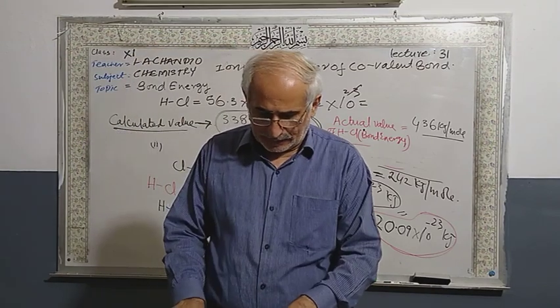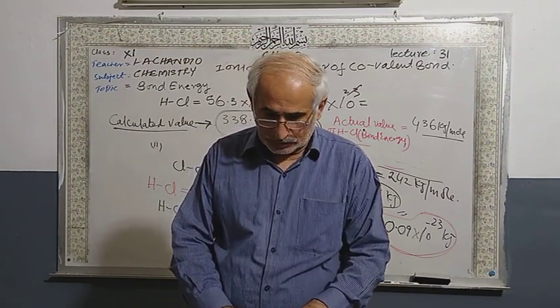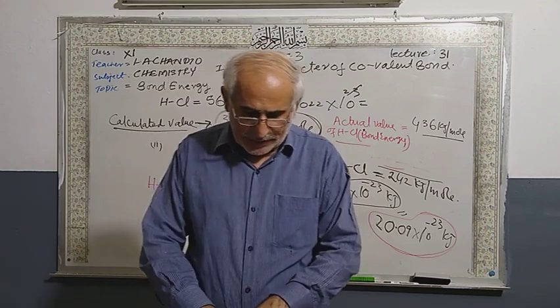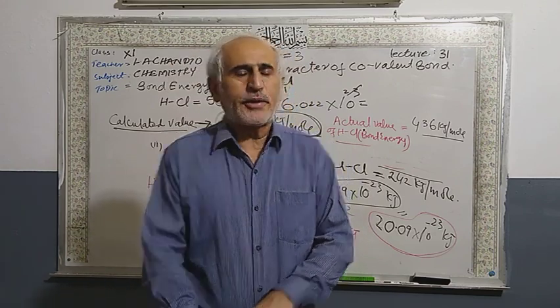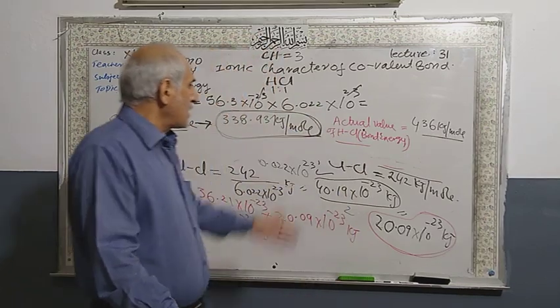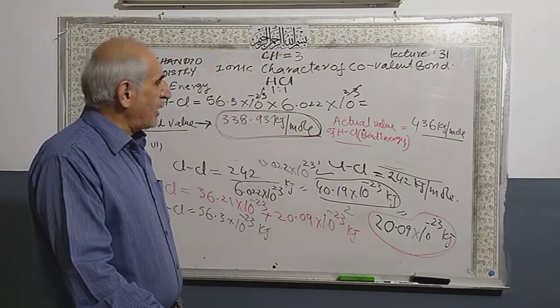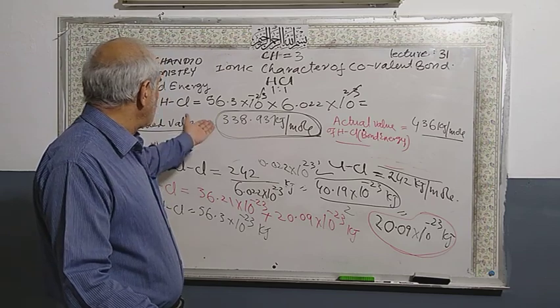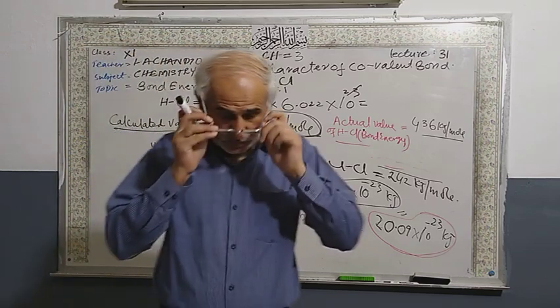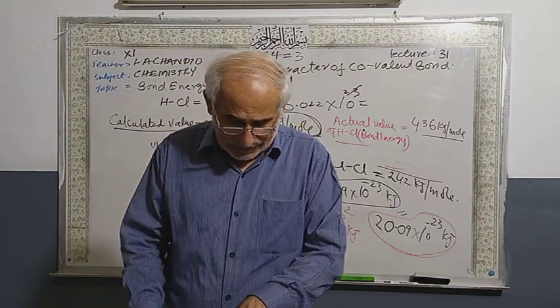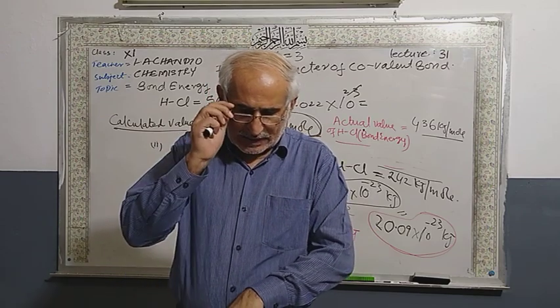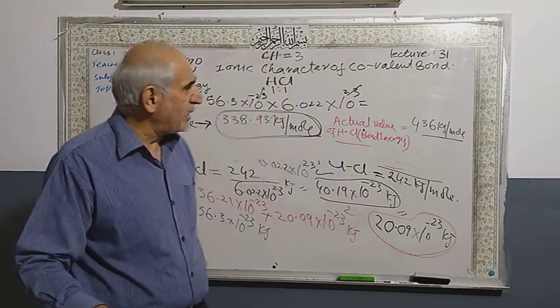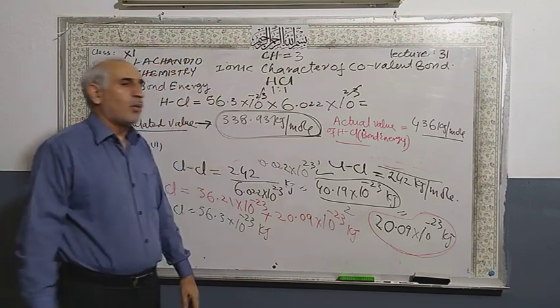So it is written here: the experimentally determined energy is significantly greater than that of the calculated one. A significant difference is given here, 436 and 338. This stability is due to the ionic character present in the HCl bond.